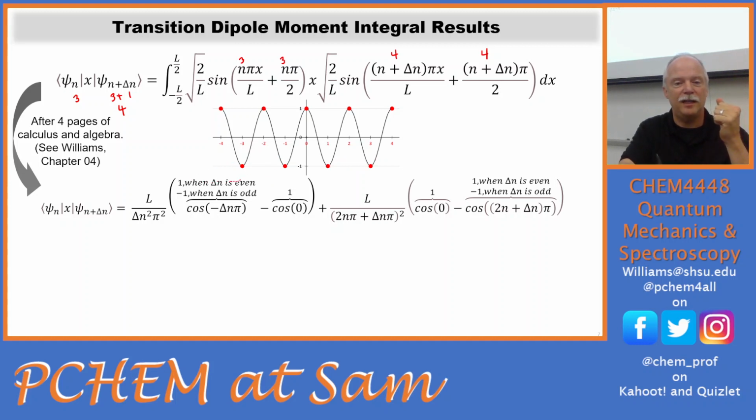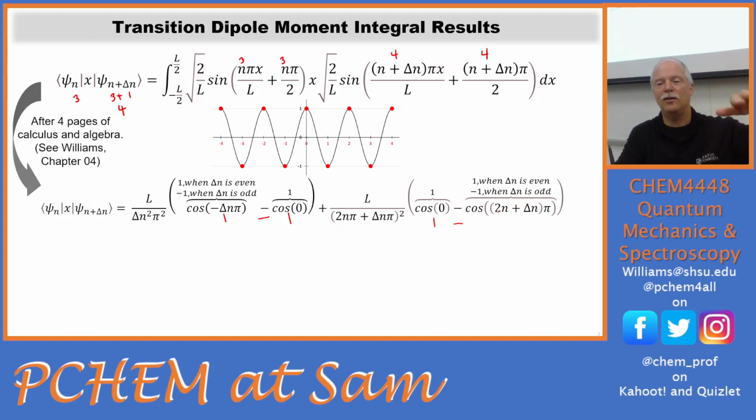So when delta n is even, this cosine piece here, we have a negative, but it's still an even multiple of pi. This cosine will give a 1. And if this cosine gives a 1, we have a 1 minus a 1. And so this piece goes to 0. What about over here? We have a 1 on this side now, minus something over here. And so we have, when delta n is even, we have a 2n here.